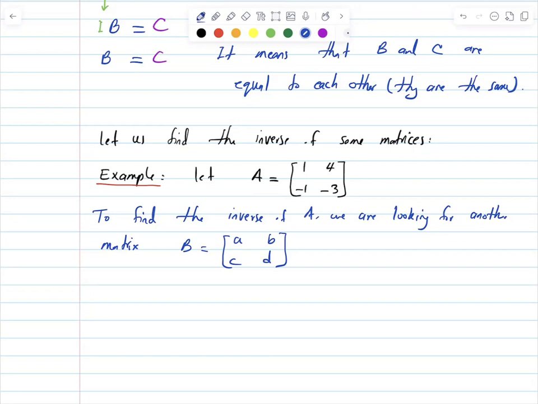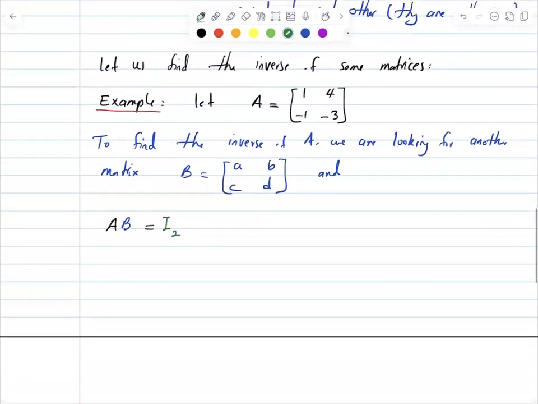The entries of B are not given. Our goal is to find them. The fact is that if I multiply A and B, it's equal to the identity matrix of order 2.